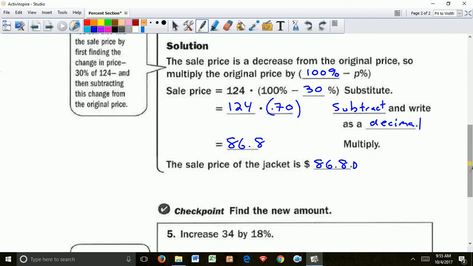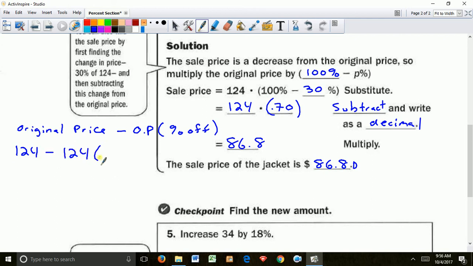Another way you can solve the problem is this. You can take the original price minus the original price times the percent off, in which case you take 124 minus 124 times the percent off, which is 30%.